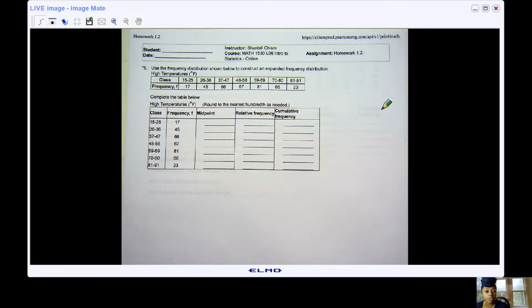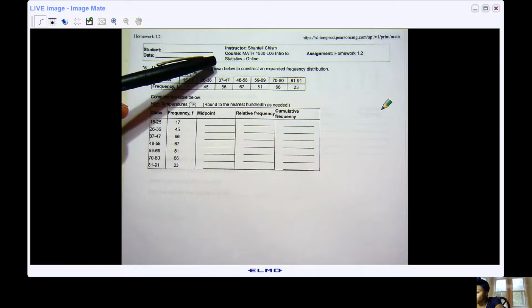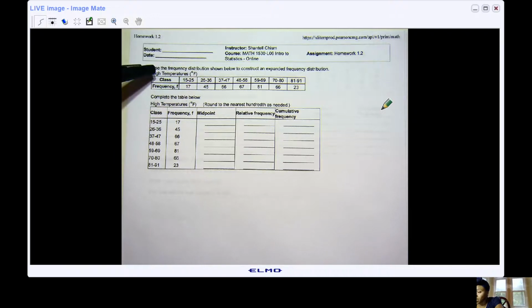So 1.2 focuses on frequency distributions, and here you have a full frequency distribution table, and we're asked to construct or expand it. Right here, we've got the classes given. It says use the frequency distribution shown below to construct an expanded frequency distribution.